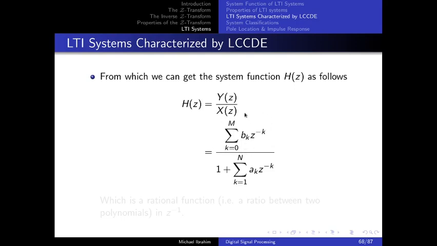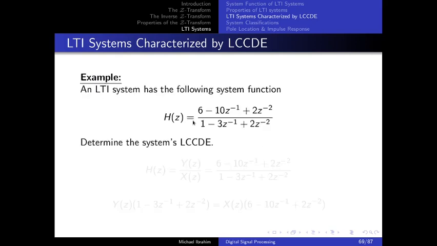The polynomial in the numerator is of order m, and the polynomial in the denominator is of order n, and now we have a rational function, i.e. a ratio between two polynomials. And now we can use what we have learned in the inverse Z transform, long division and or partial fractions, in order to find h of n, the system's impulse response.